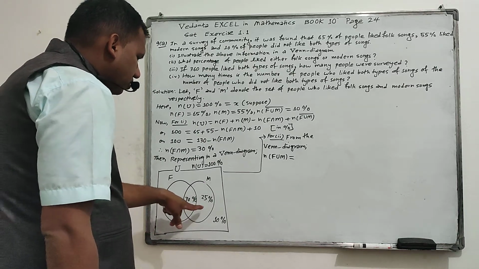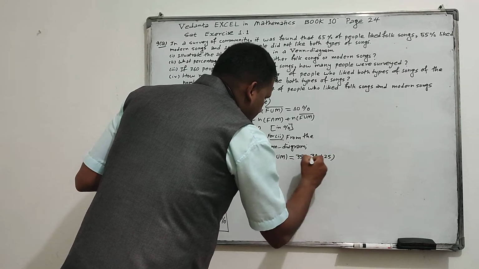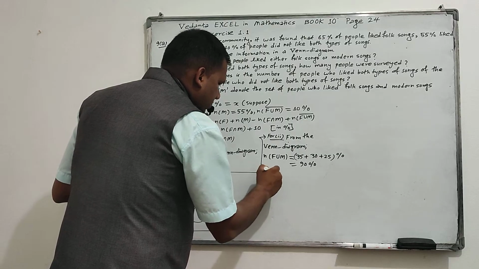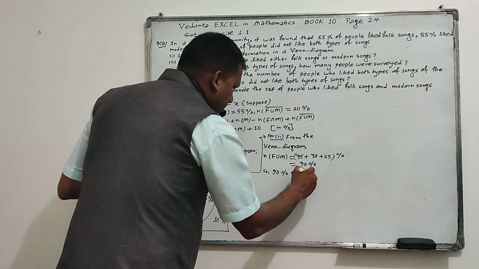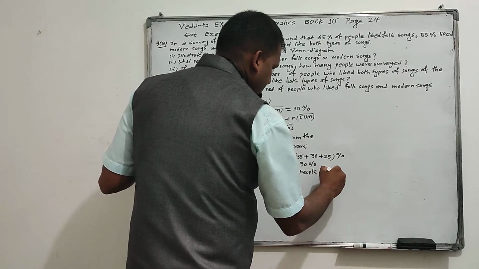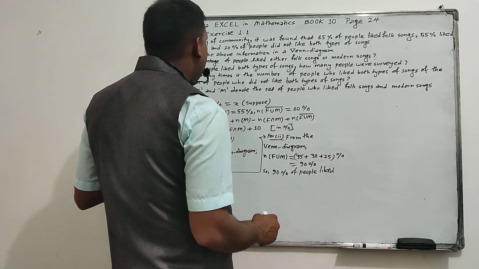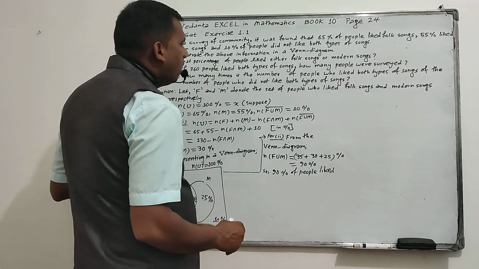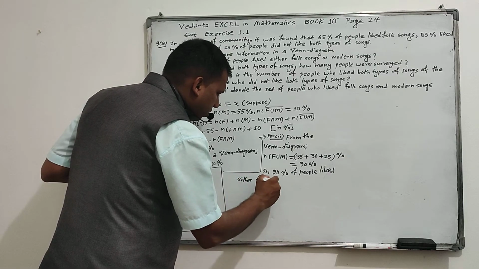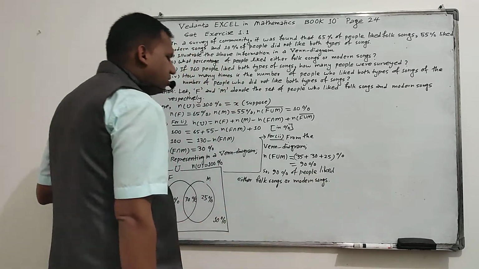So 35 plus 30 plus 25% equal to 90%. So 90% of people liked either folk songs or modern songs. Either or means union.